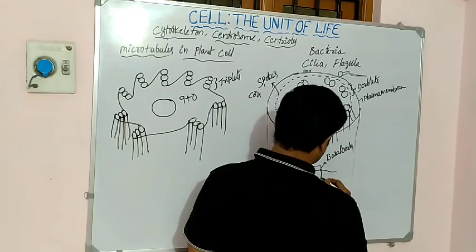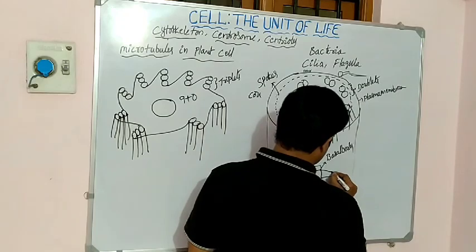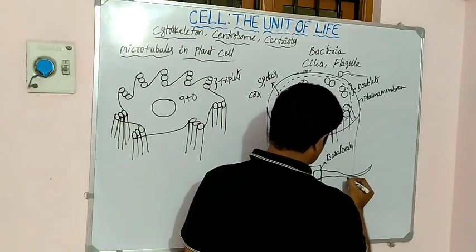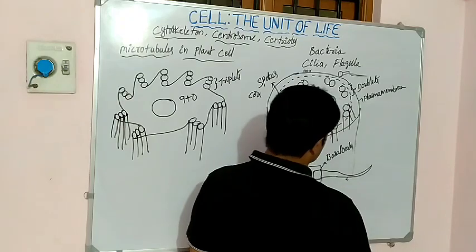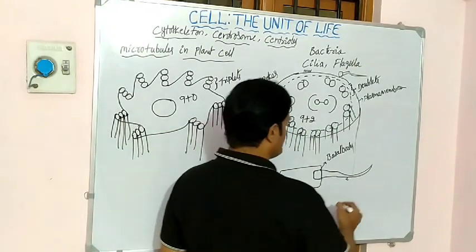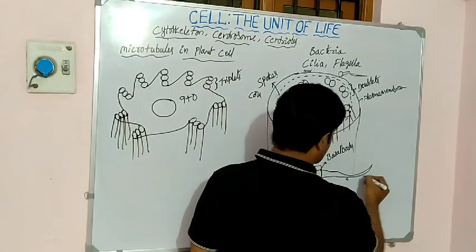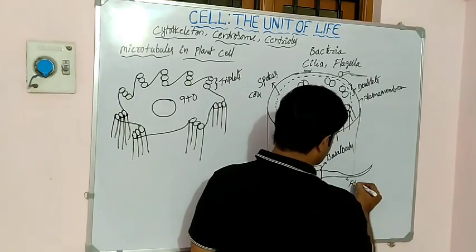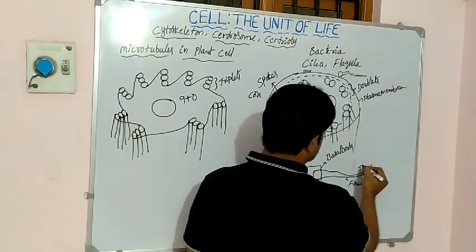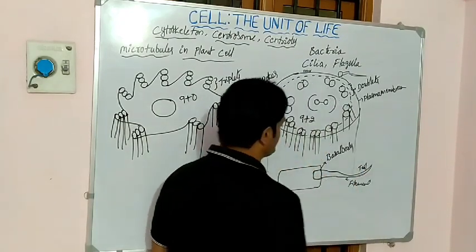After that, from the basal body one tail is arranged. This is called the tail or flagella. Overall it is the flagella. The end portion, the tail-like portion, is called the filament. Okay, basal body and tail.